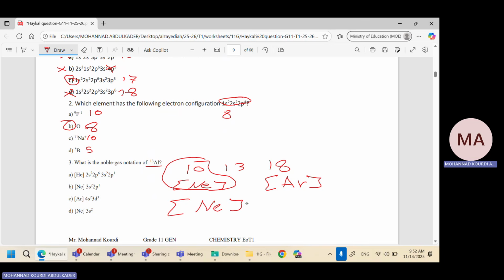After Ne, it will be 3s2, then 3p1. So He is completely wrong, Ar is completely wrong, and for Ne here I have 3s2. So the total number of electrons is 12 here. So this is wrong again. And the correct answer will be B.